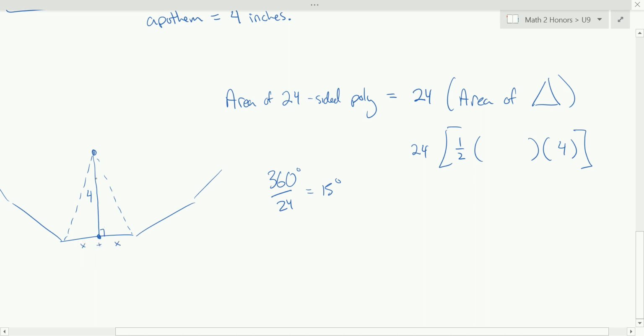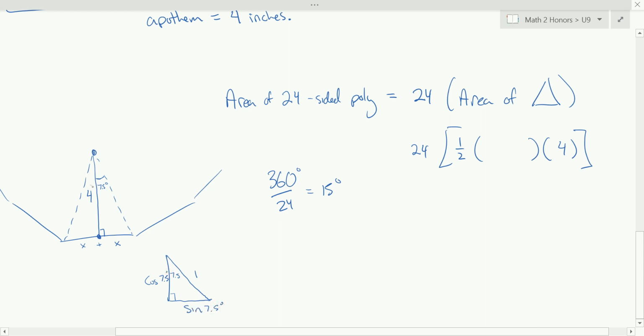So if I split 15 in half, now we're looking at 7.5 degrees. And then you got another 7.5 on the other side. So I'm going to draw a similar right triangle, scaled down a little bit. So it still has the 7.5 degrees. Hypotenuse of 1, this would be the cosine of 7.5. This would be the sine of 7.5 degrees.